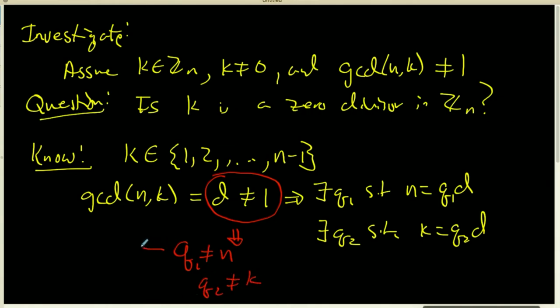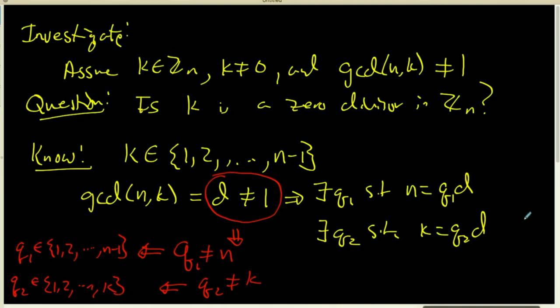So what does this say? Well, Q1 definitely belongs to the set {1, 2, all the way up to n minus 1}, and Q2 belongs to the set {1, 2, all the way up to k}.